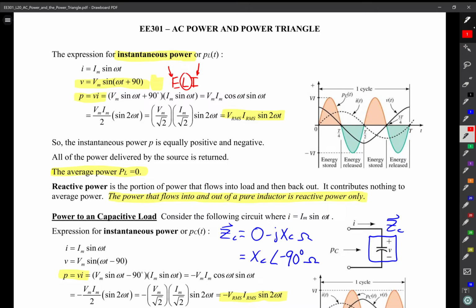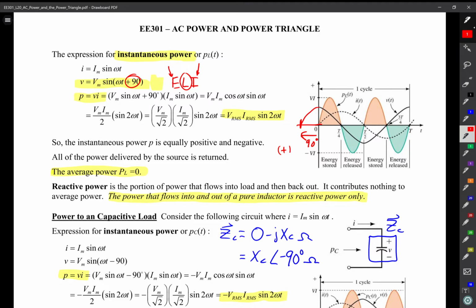So here we have the voltage V of t that leads my current by 90 degrees. This is 90 degrees right there. And of course, to the left, it's a positive value, and that's why I have a plus 90 here.